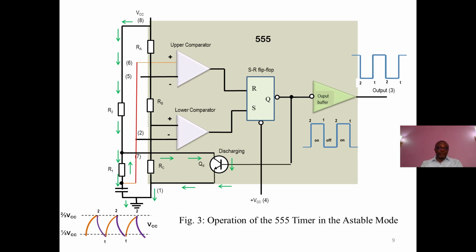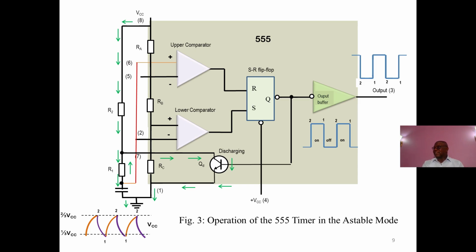But pin 2 is to the inverting input of the lower comparator, while it is tied to the non-inverting input of the upper comparator. So we say when you power on, C external is at 0 volts.